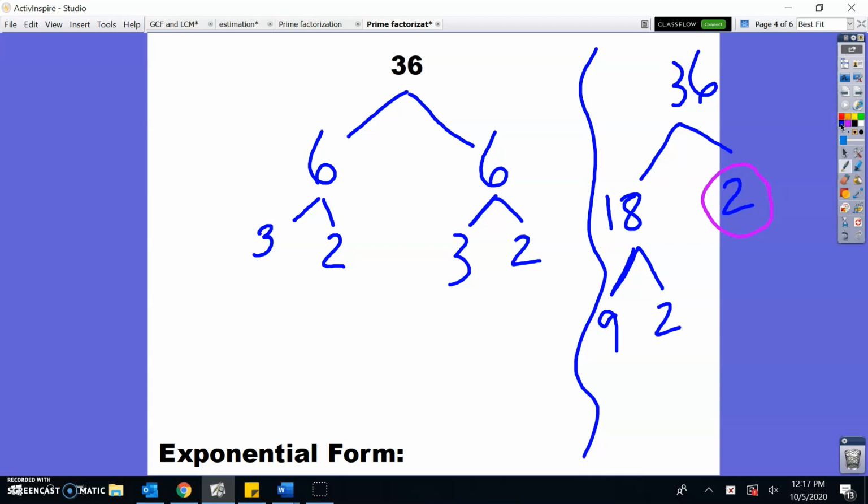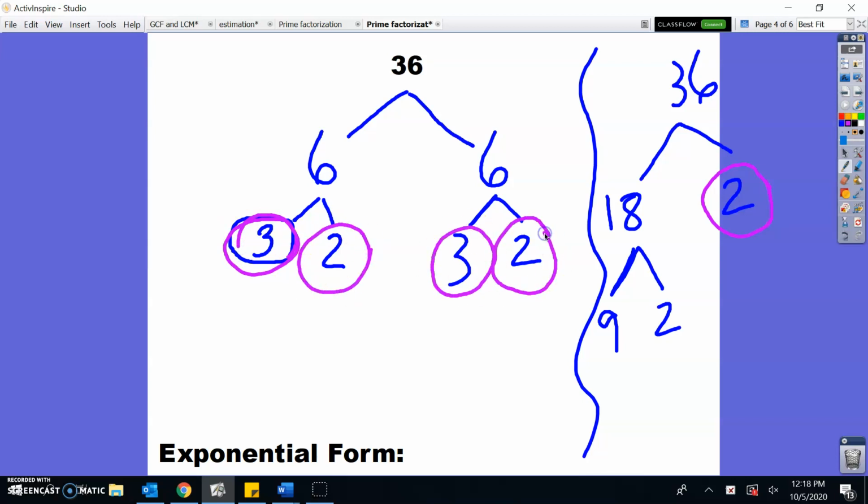I'm going to hop back over here to my 6 and ask myself, can 3 be divided by anything other than itself and 1? No. So that is a prime number. Here, I'm actually going to draw it. There we go. Prime number. 2 is also a prime number. 3 is a prime number, and 2 is a prime number. So my answer would be 3 times 2 times 3 times 2.